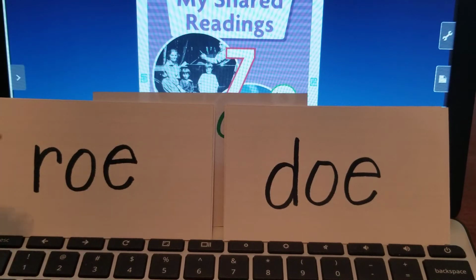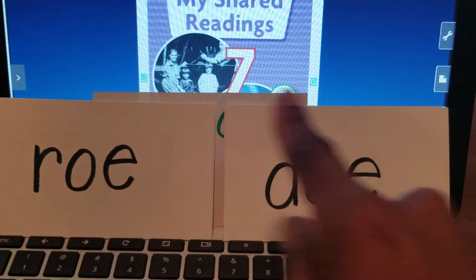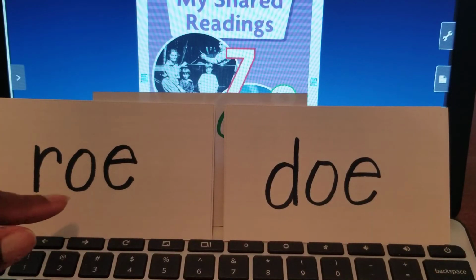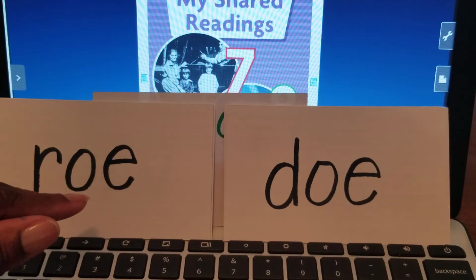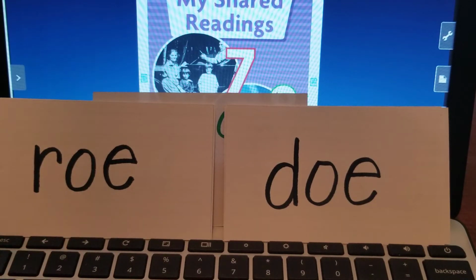Now that's not like a row when we talk about our choral counting and something that goes across. This row talks about the eggs of some types of fish. So this is another word for egg.